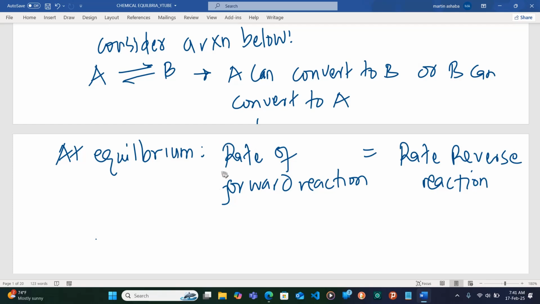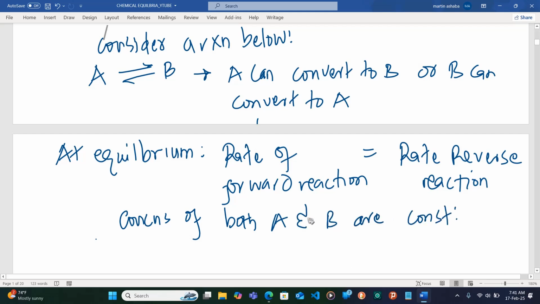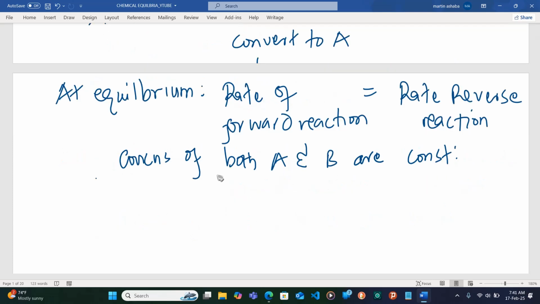Now, here, the concentrations of both A and B are constant. In other words, they are not changing. Now, a chemical equilibrium, as we have already said, is a form of dynamic equilibrium and is not static, meaning that much as these concentrations are not changing, the reactions are occurring either forward or backward, depending on what we want.